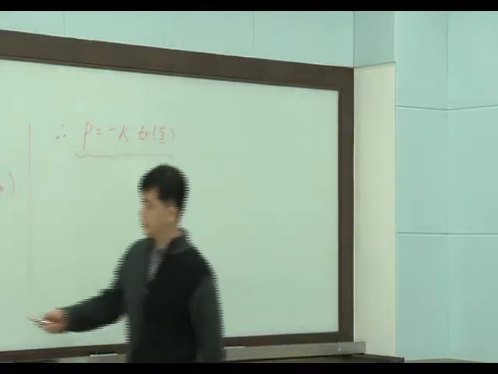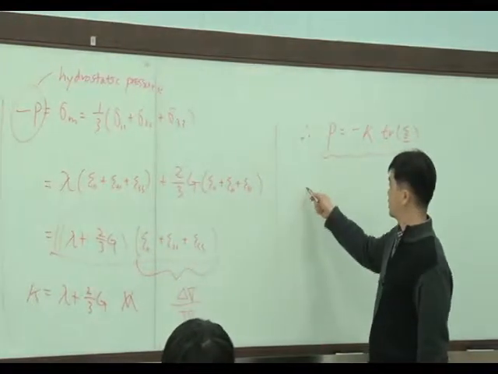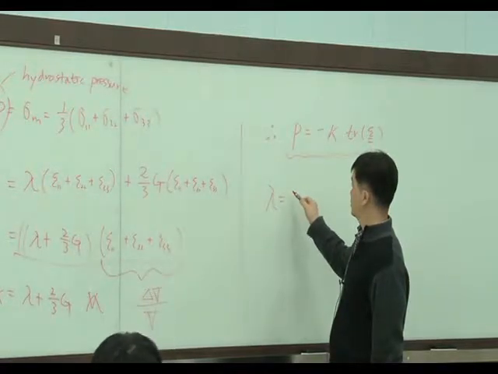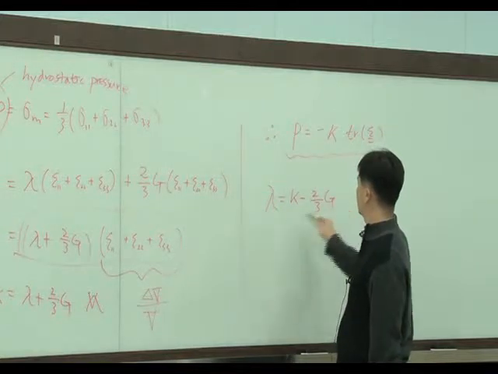And in this equation, lambda equals K minus 2 over 3 G, right?